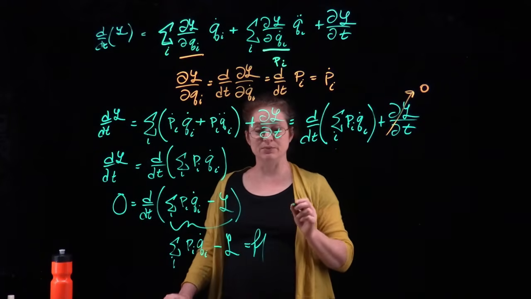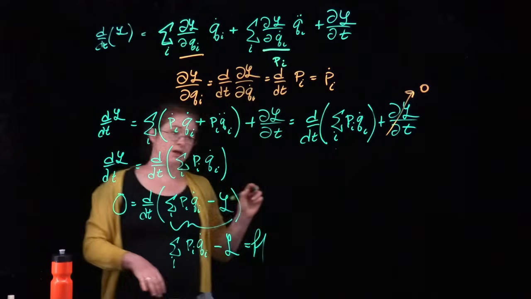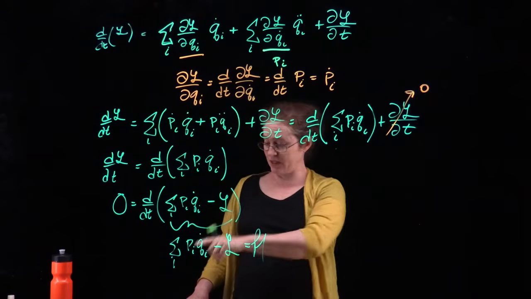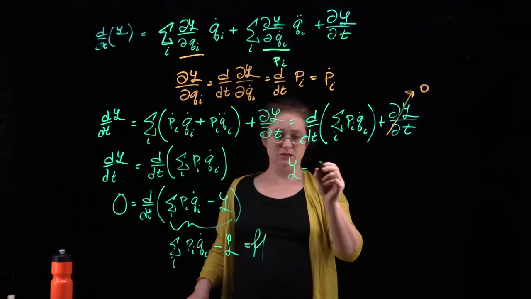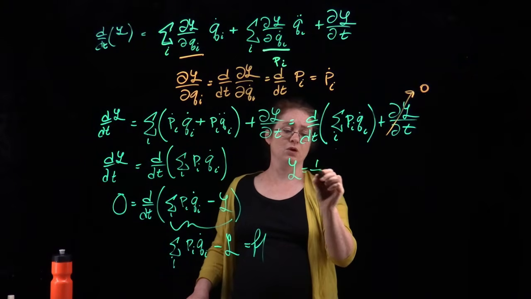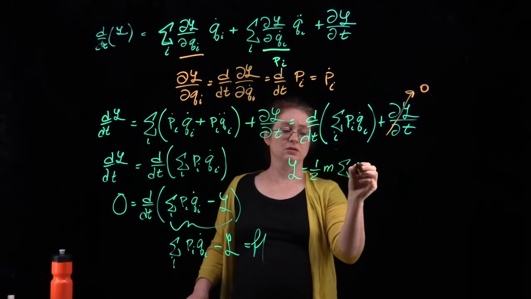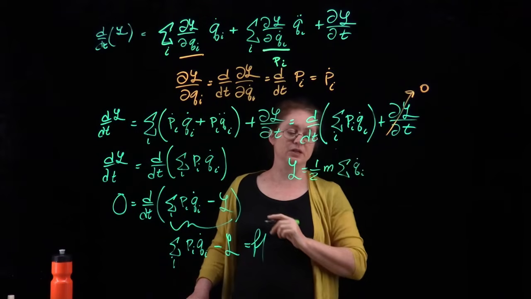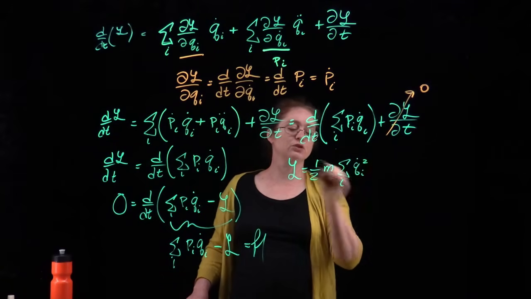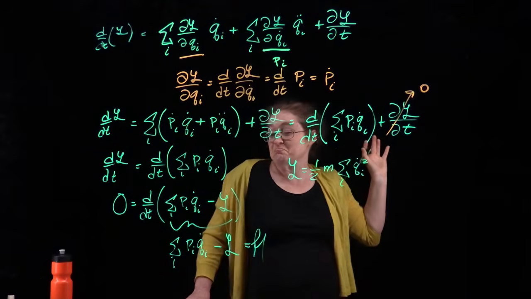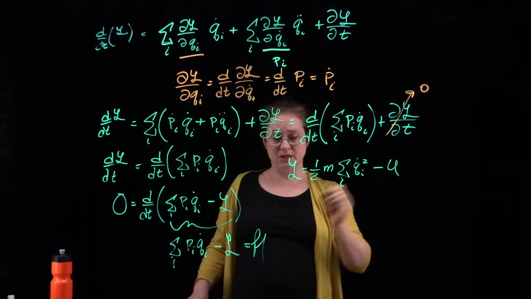So if we do a simple example very quickly, we have a particle of mass m, and in that case the Lagrangian is 1/2 m qi dot squared. We'll just do one dimension, or sorry, we'll do Cartesian coordinates because I don't want to mess with non-Cartesian. I'm just making an example up on the fly, minus the potential.